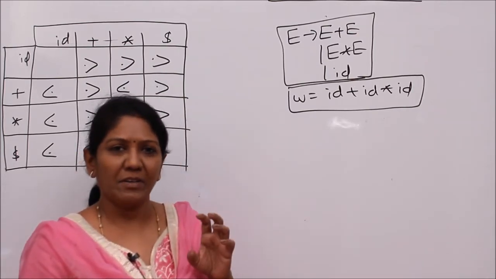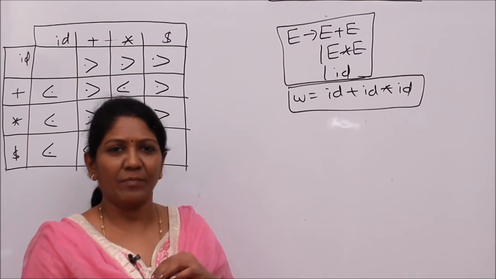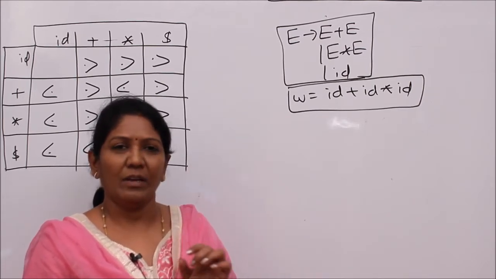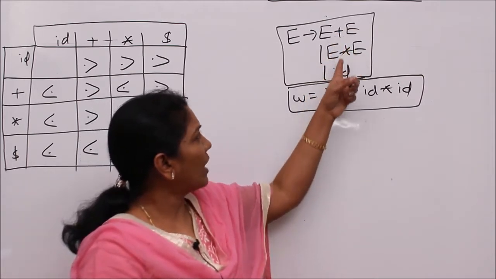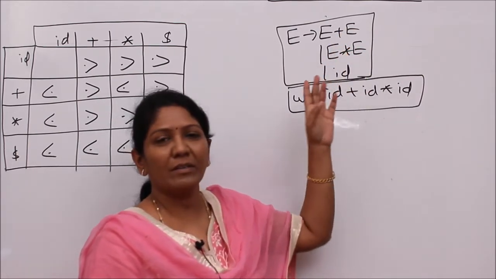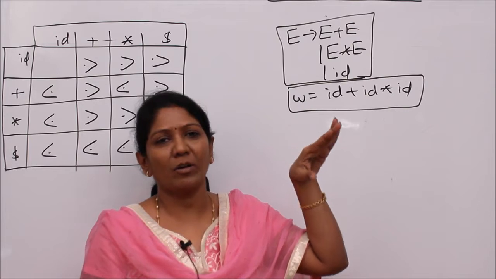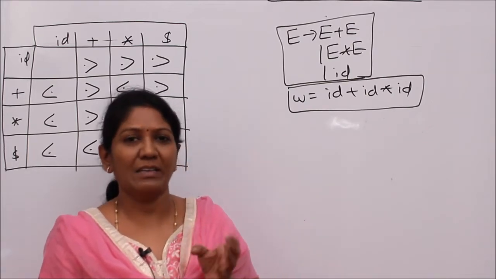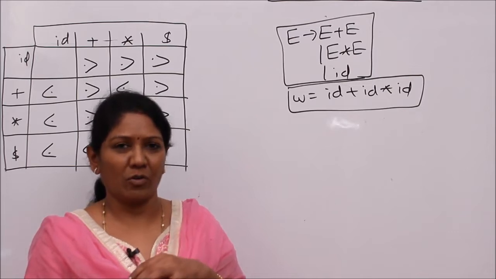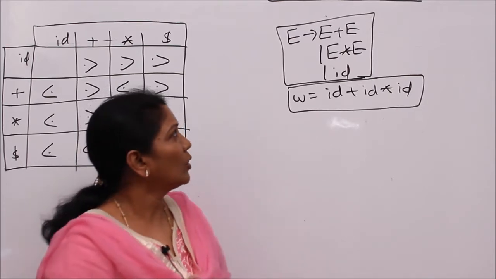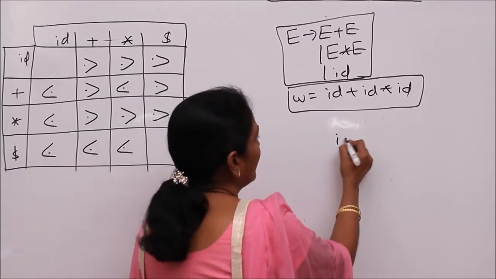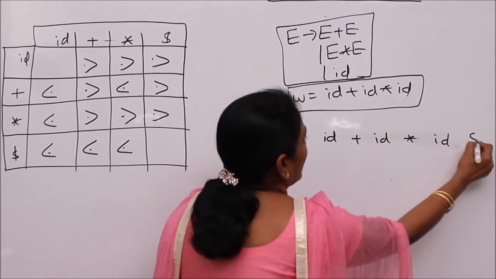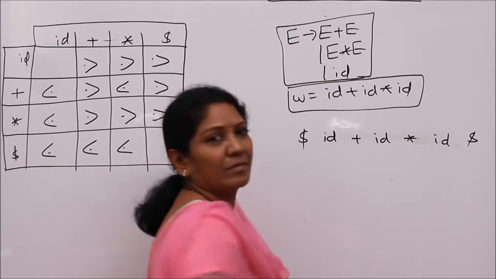A precedence relation table is a two-dimensional array where rows and columns are both operators. Whatever operators you have, for each operator there will be a row as well as a column. In addition, dollar is also used as an additional row and column because we take the string between two end markers. Given the string id plus id star id, we take this between two end markers.